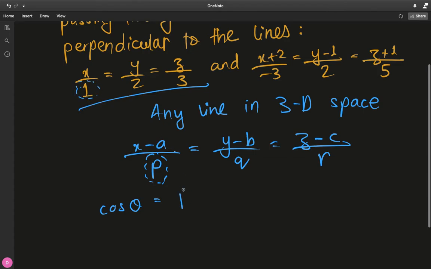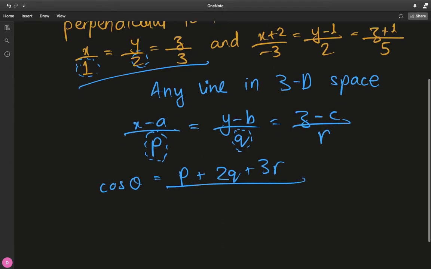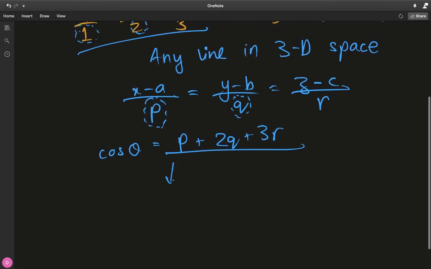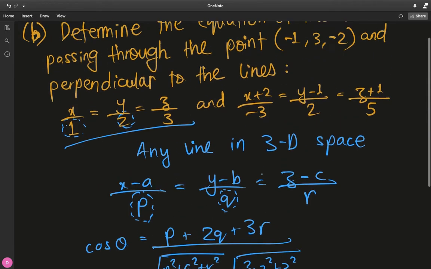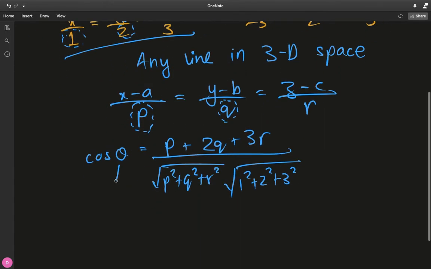So p times 1 is p, plus the direction ratio of y times the y direction ratio of the second line, so 2q, plus 3r, divided by the square root of p squared plus q squared plus r squared, times the square root of 1 squared plus 2 squared plus 3 squared. But since we know that these lines are perpendicular, this theta has to be 90 degrees, pi over 2.